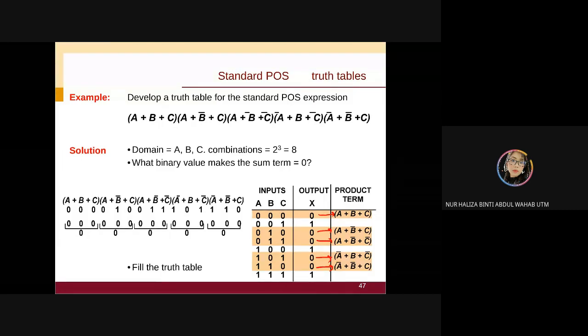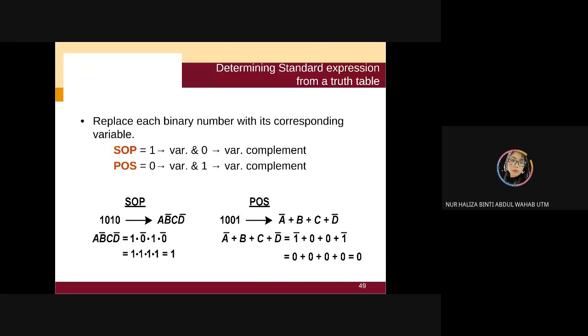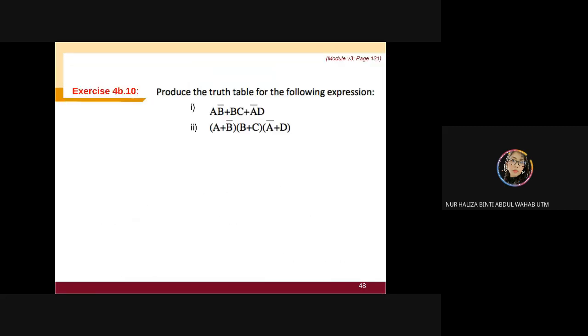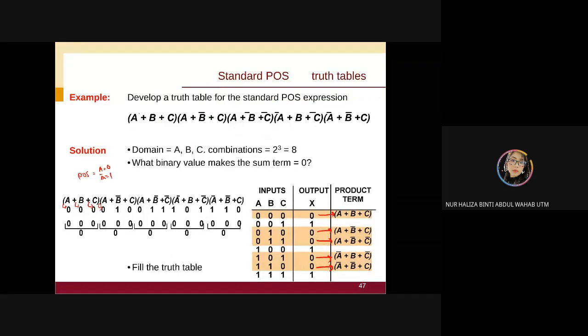So how are you going to convert this one also? We already take a look. If A is equal to 0, B equal to 0, C equal to 0, you need to remember the condition of POS will be A equal to 0, A bar equal to 1, and your output will be 0.